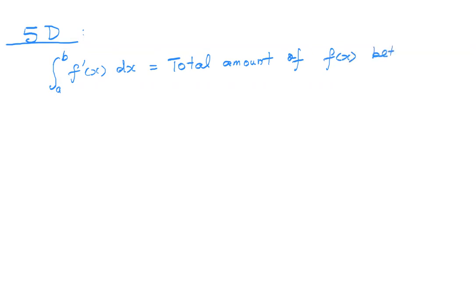The only concept that you need to remember for this part D is, if I integrate from a to b, f prime x dx, I will take this as the total amount of f(x) generated, total amount of f(x) produced, depending on what your f(x) is, between x equal to a and x equal to b.